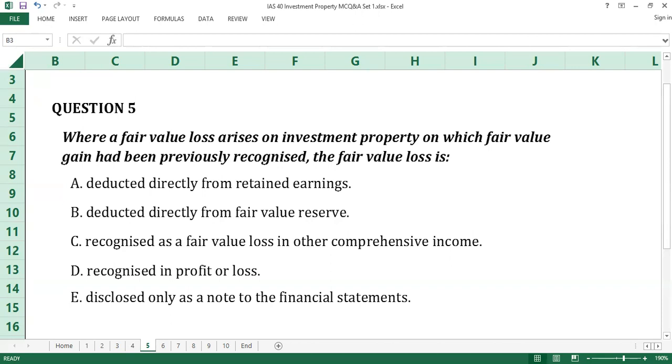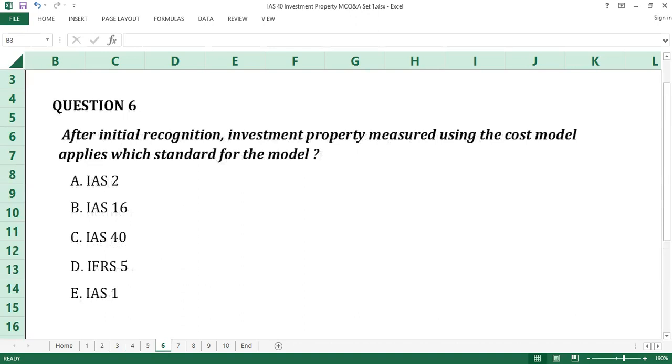Time up. Question number 6. After initial recognition, investment property measured using a cost model applies which standard for the model? A. IAS 2, B. IAS 16, C. IAS 40, D. IFRS 5, E. IAS 1. Time counts.